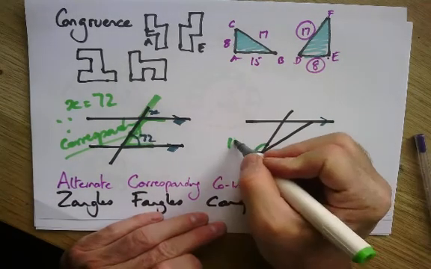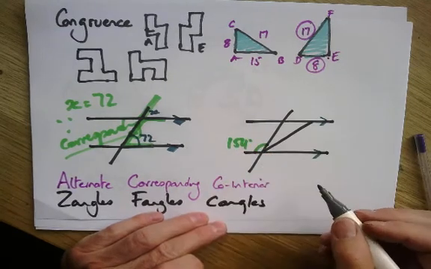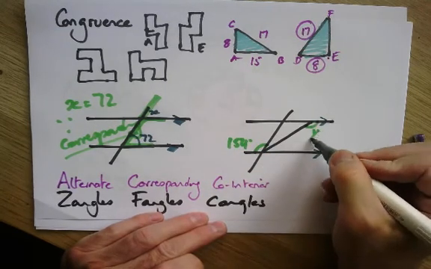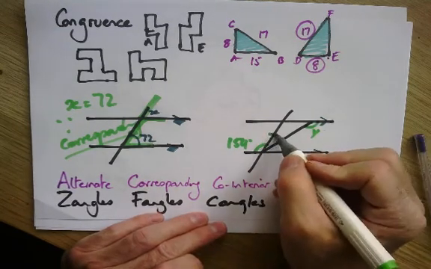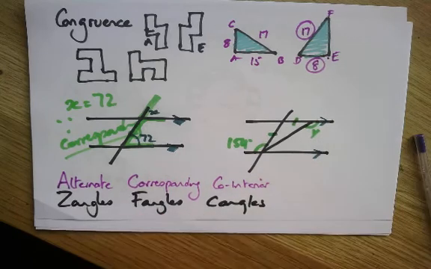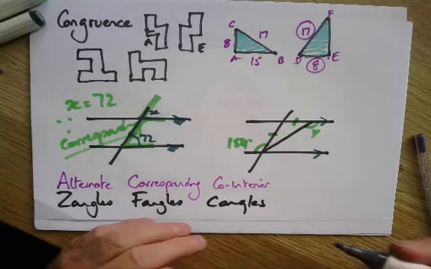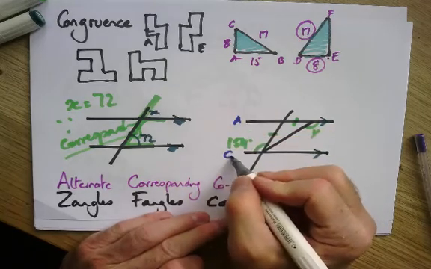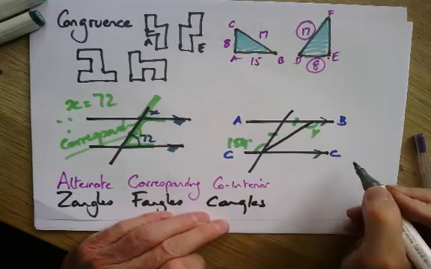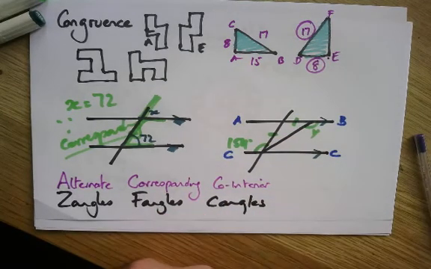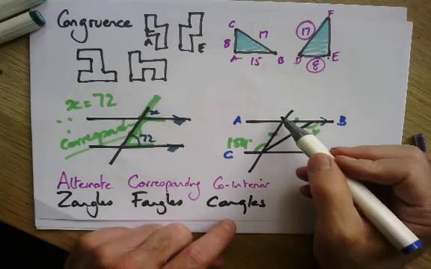This one here, it's kind of small to see, but that's 154 degrees. That's Y. And interestingly enough, they put two lines like that, and they also give you the letters to help: A, C, B, and D. It says, give the angle of Y and give reasons.